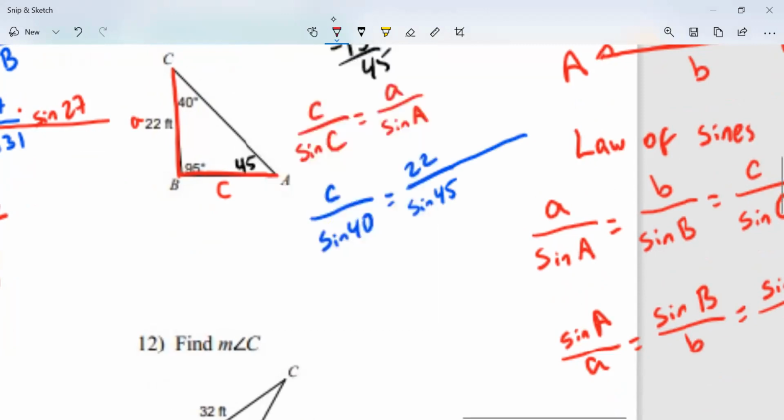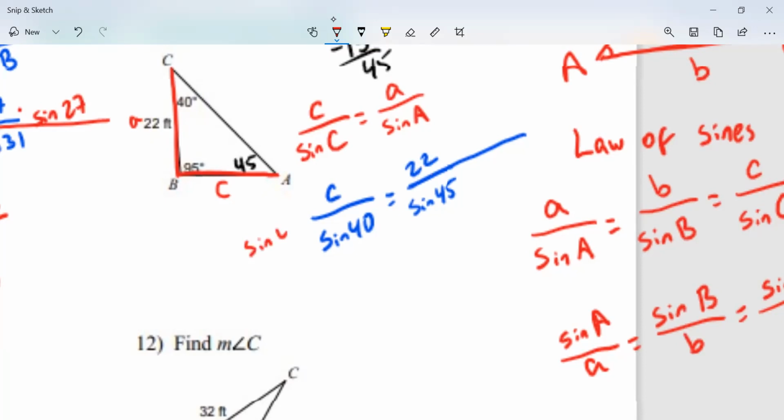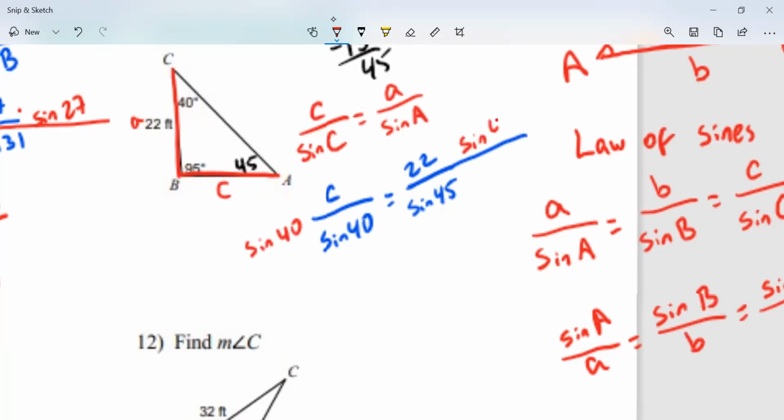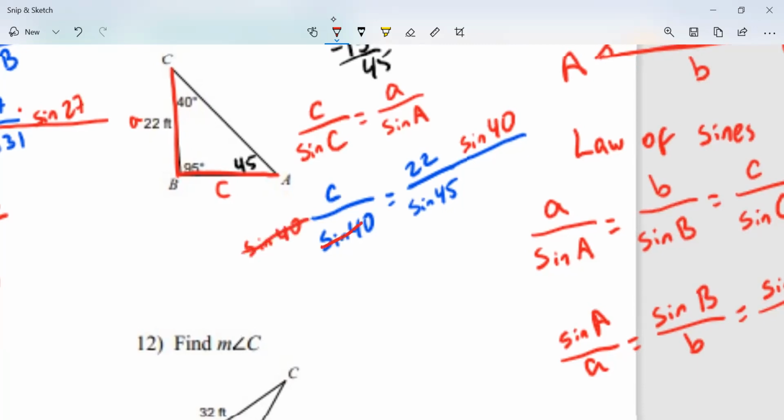Looking at the left side, to leave C by itself, let me multiply by sine of 40. On the right side as well, let me multiply by sine of 40. Notice, since we're multiplying, I wrote it on top of the fraction. So the sine 40s cancel out.